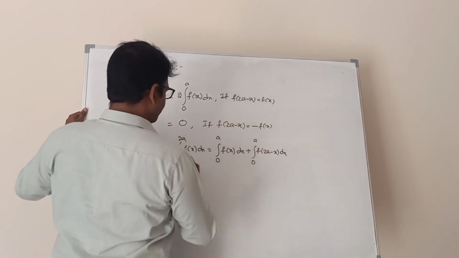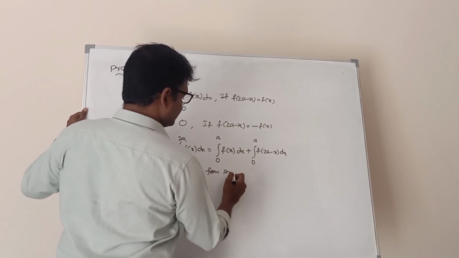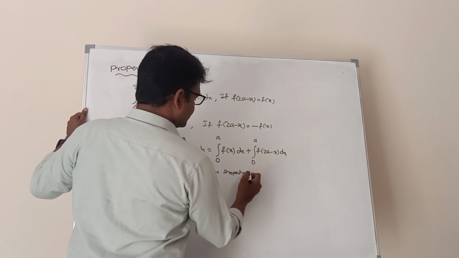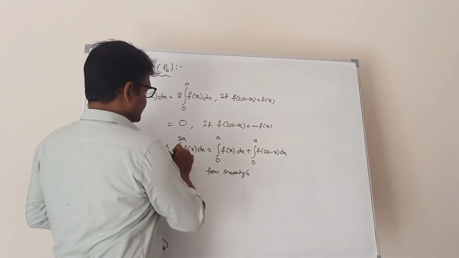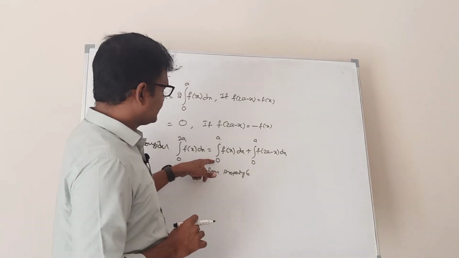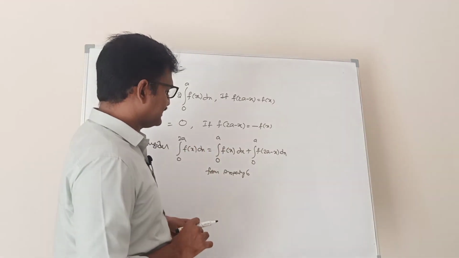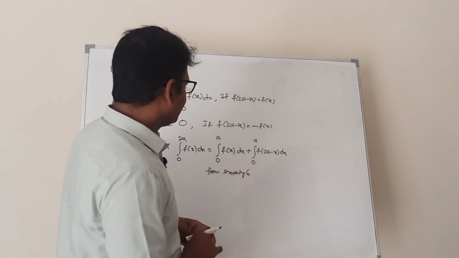This is from property number 6. From property 6, integration of 0 to 2a f of x dx equals integration of 0 to a f of x dx plus integration of 0 to a f of 2a minus x dx.